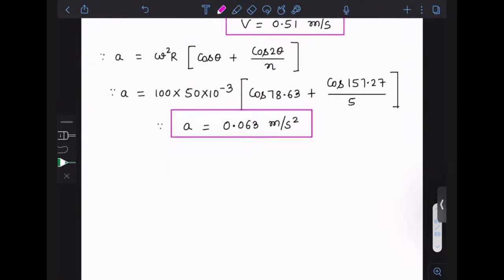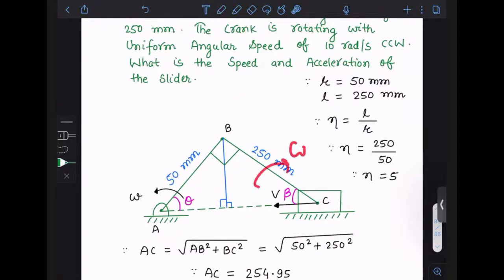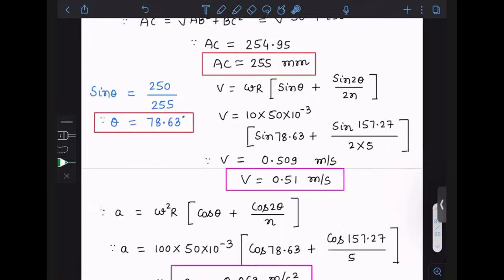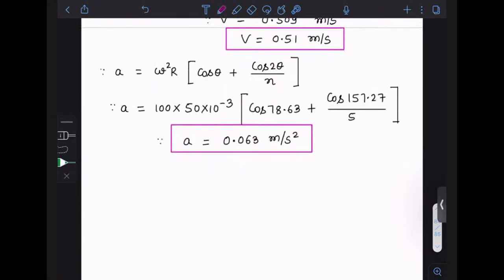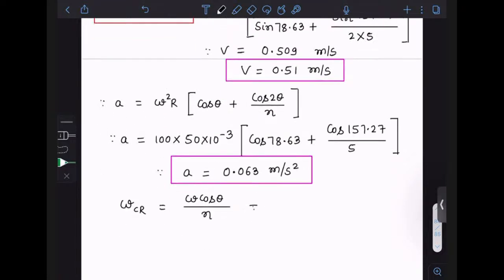Now the next thing. This was asked, so you have calculated. Now suppose in this problem I also add that find out the omega of the connecting rod as well as the angular acceleration of the connecting rod. You know that omega of the connecting rod is equal to omega cos theta divided by n. Omega is 10, cos 78.63 divided by n, and n is 5.